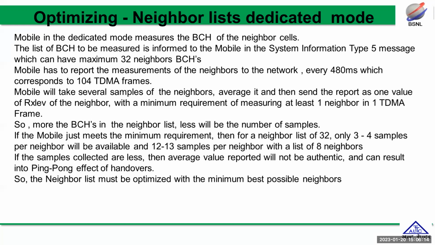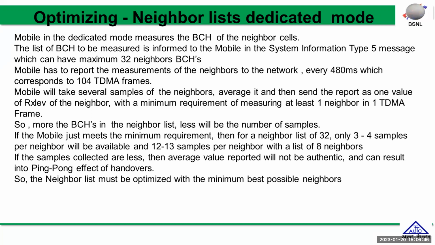The mobile has to report the measurement of neighbors to the network after every 480 milliseconds, that means after every 104 TDMA frames. The mobile will take several samples of the neighbors, average them, and then send the report as one value of the RX level of the neighbor, with the minimum requirement of measuring at least one neighbor in one TDMA frame.